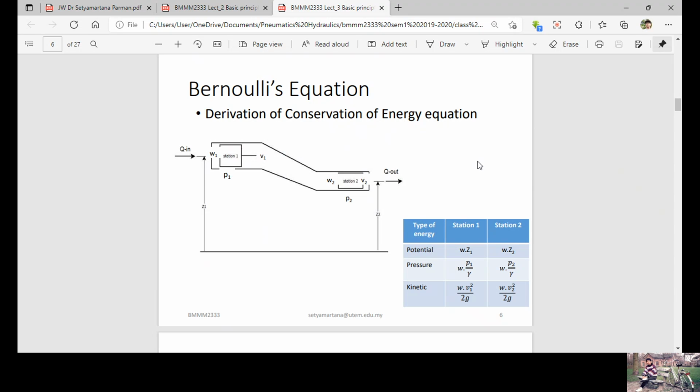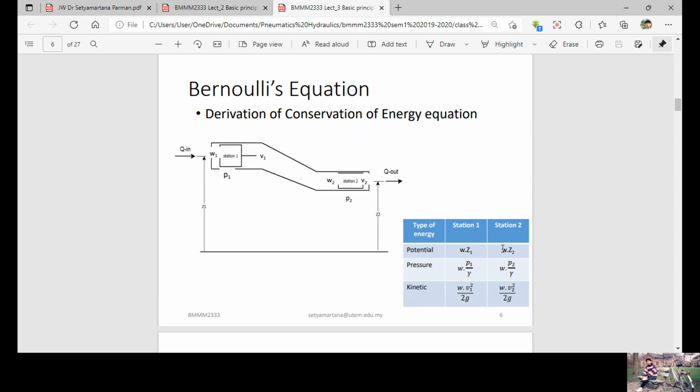So in this case, there are several types of energy. The first is potential energy, then pressure energy, and then kinetic energy. Potential energy is due to the elevation. At station 1, the potential energy is the width multiplied by Z1.